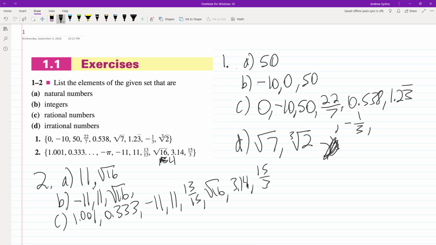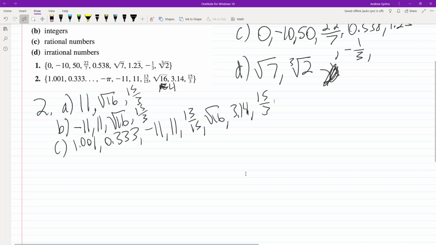This should be 15 over 3. And then finally, D for irrational numbers. It's going to be negative pi. And that's it. Okay. All right, so moving on.